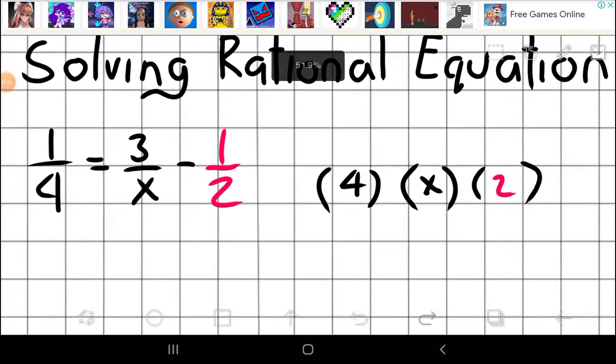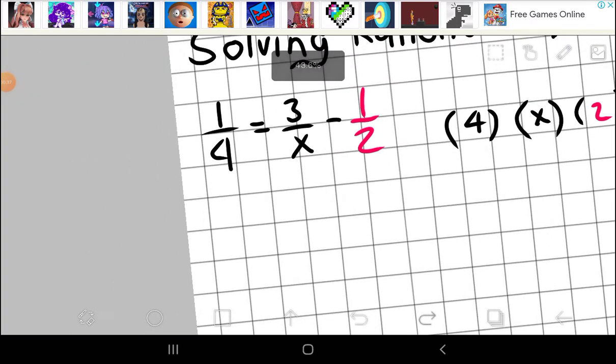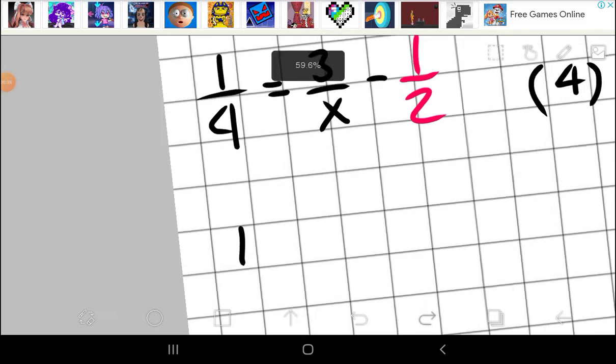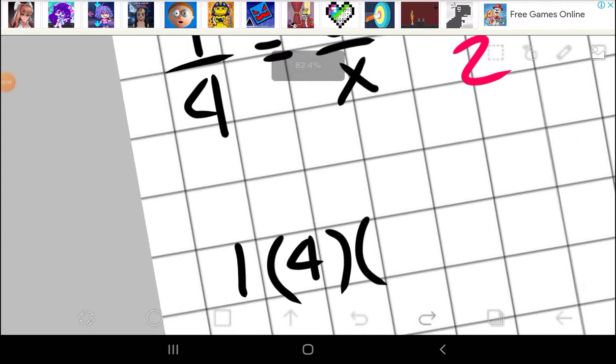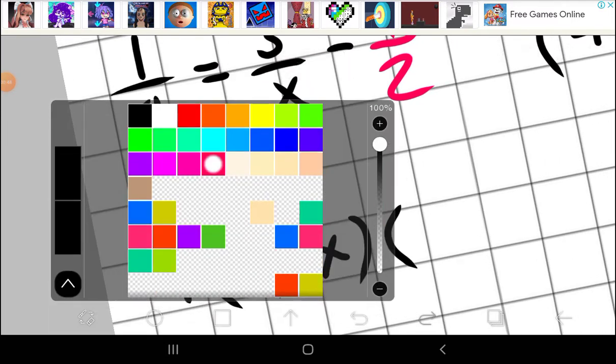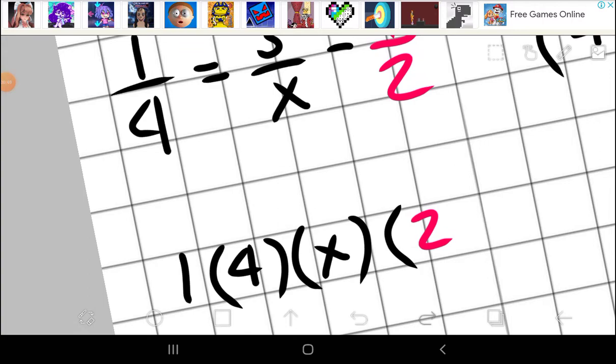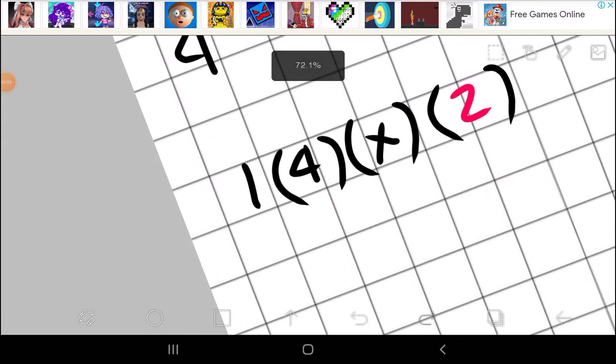I put it in red color because it's negative. So if we're going to rewrite it, it will be 1 multiplied by 4 multiplied by x multiplied by 2 over 4.